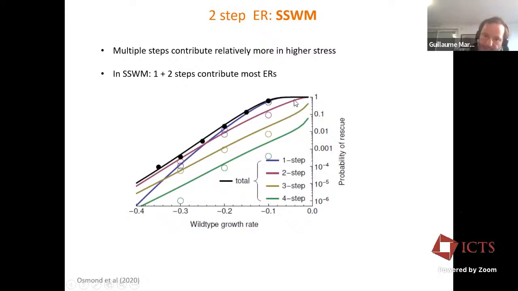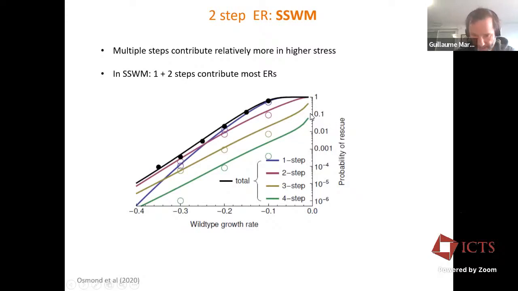Again, dots are simulations and lines are analytic approximation. What is important here to see is that the blue is the part of the rescues that are done by one-step rescue, and the red is the ones by two-step. And then the brown is 3-step, 4-step. This is log scale probability of rescue.